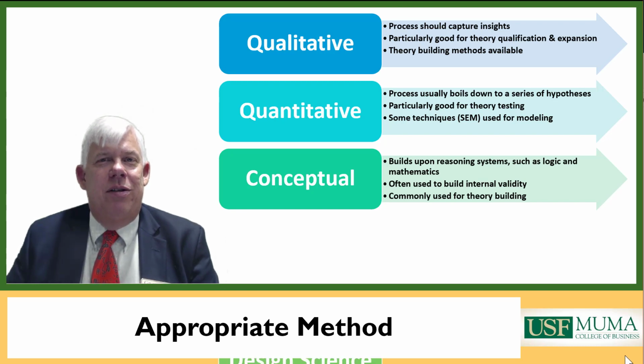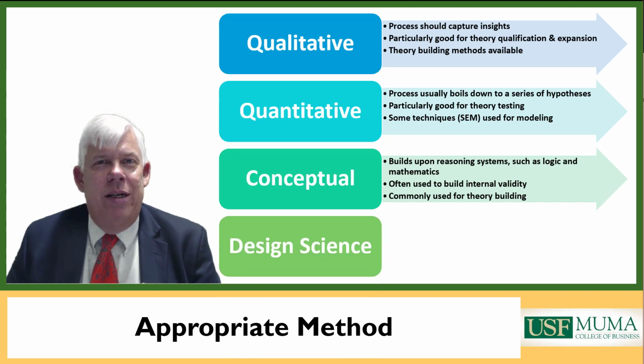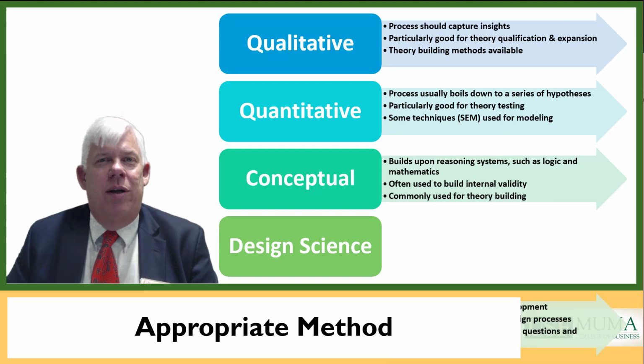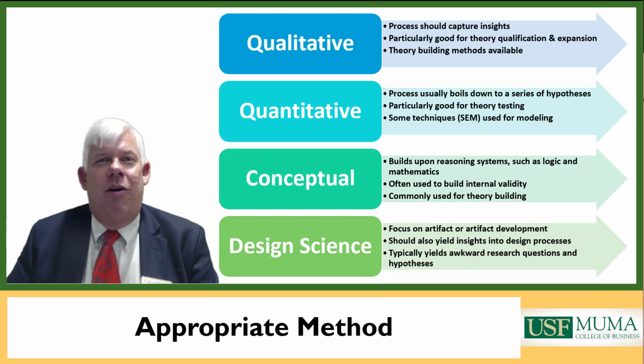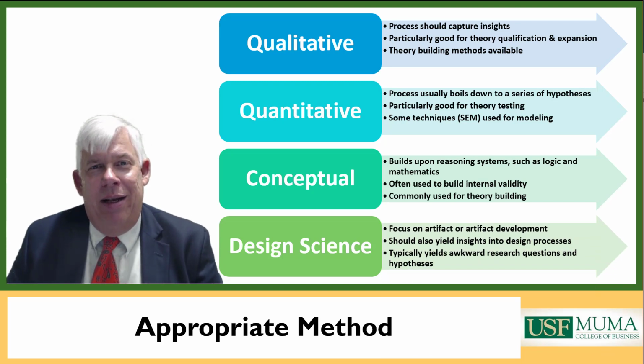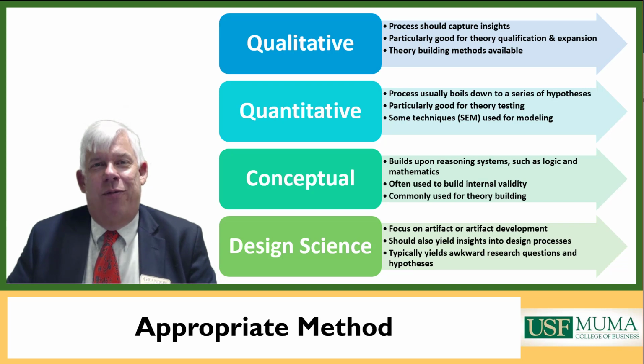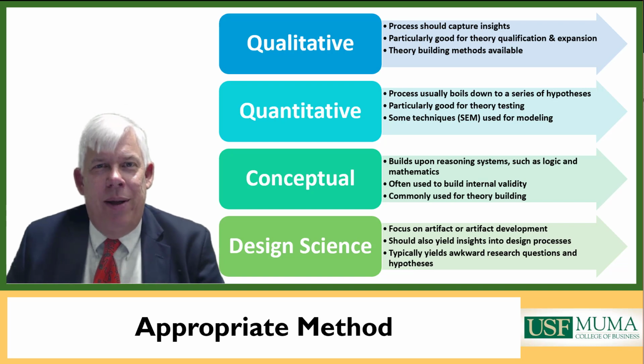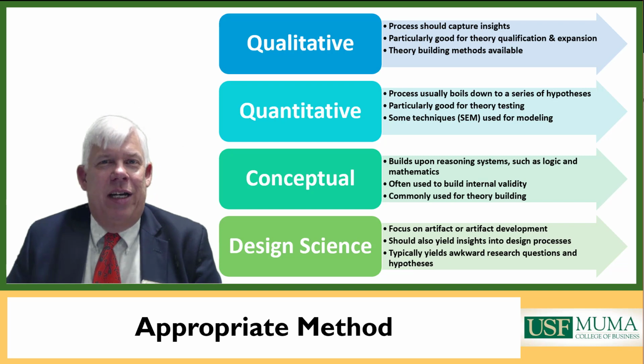Finally, as I mentioned, there's this new area of research known as design science research. And in design science research, the focus is on creating an artifact. So the artifact, not necessarily a paper, but an artifact, whether it be a new device or a new organizational chart or a new way of assessing employees.